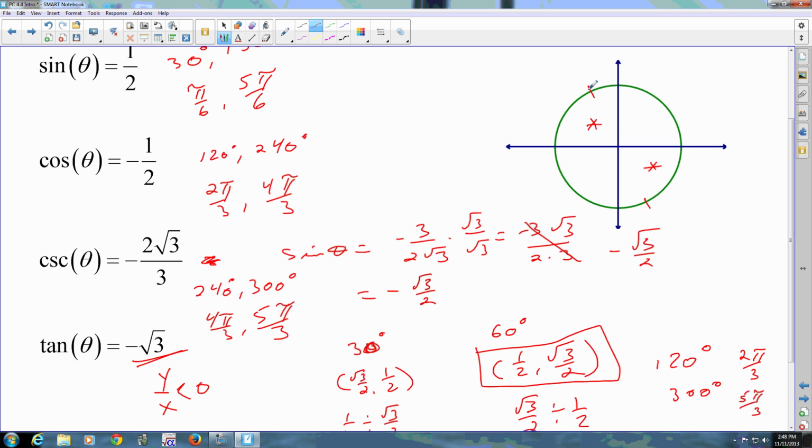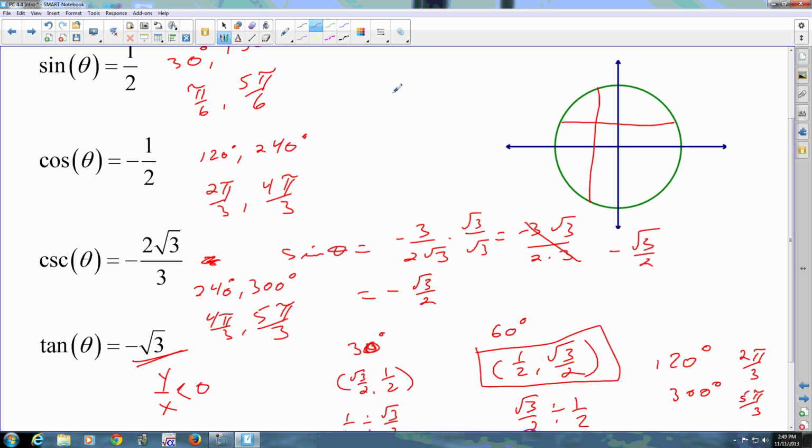Now what I want you to notice is tangent has the answers that are diagonally opposite each other. Sine had answers that were horizontally opposite of each other, and cosine had answers that were vertically opposite each other.